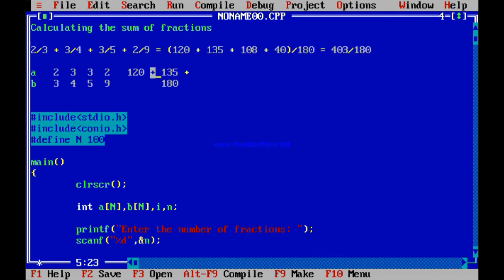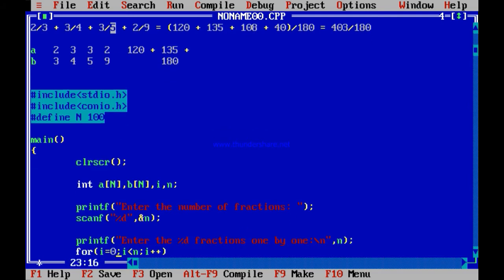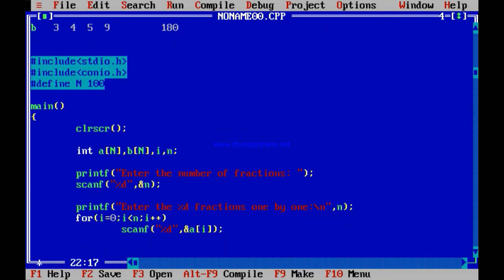That means I will have to scan one number within the A array, then the next number in the B array, again the next number in the A array, next in the B array. So firstly I need to scan A0, then B0, then A1, then B1, then A2, then B2 and so on. So I tell the user exactly the same thing: enter the %d fractions one by one.